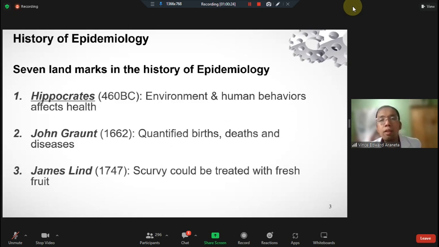Hippocrates, known as the father of medicine, was considered informally as the first epidemiologist because he studied the environment and human behaviors and how they affect health. He's the first person known to have examined the relationships between the occurrence of disease and environmental influences.